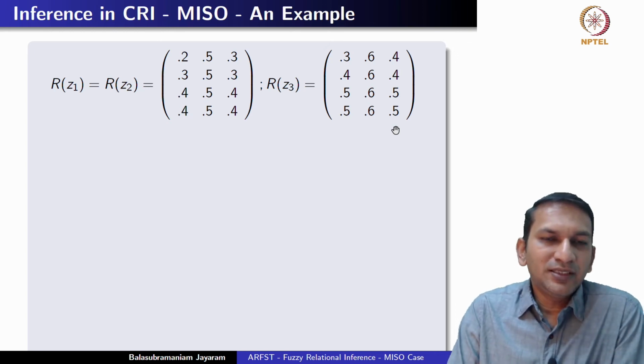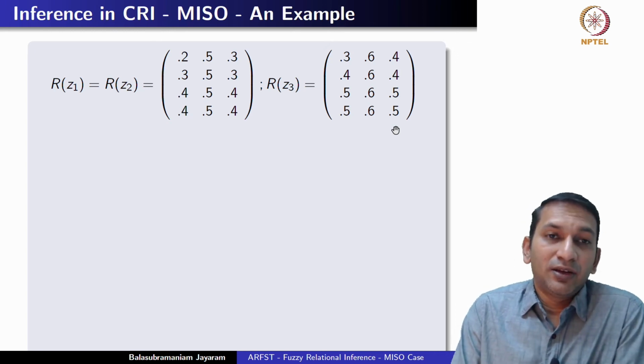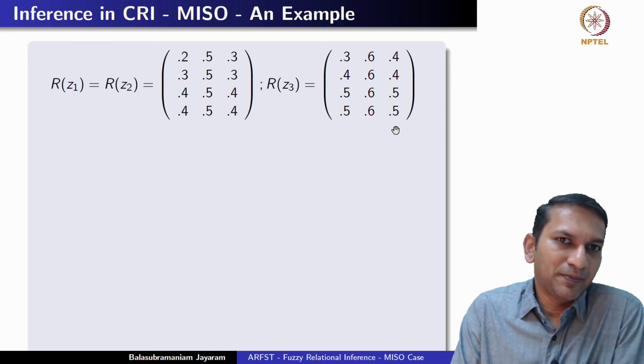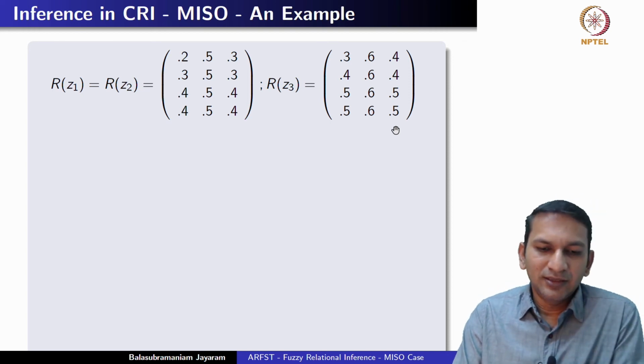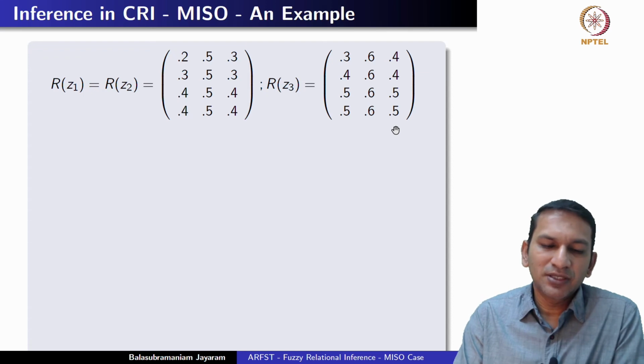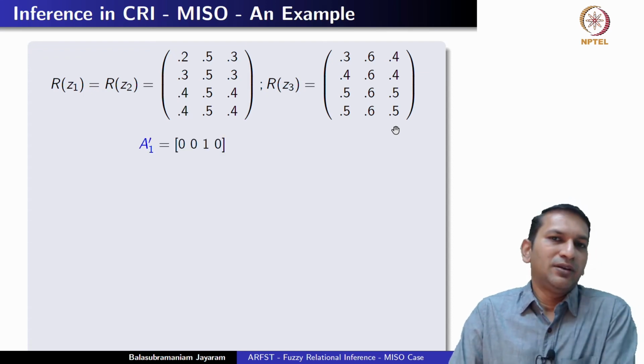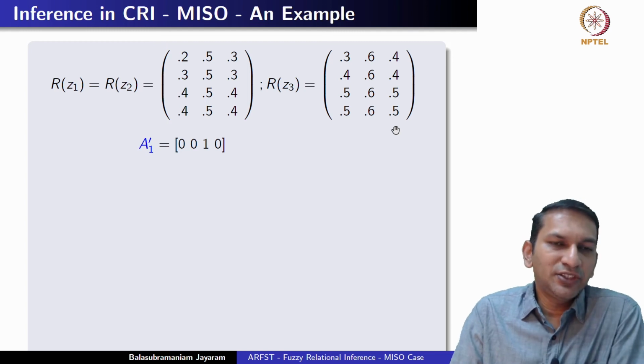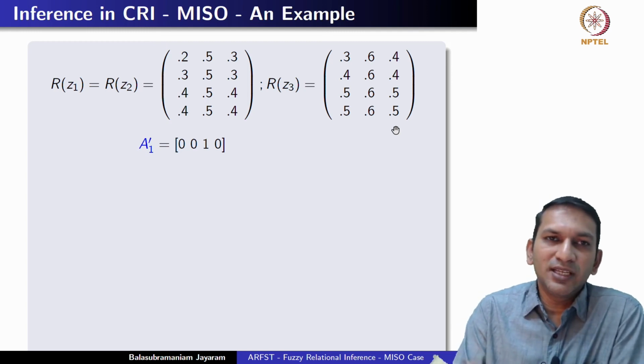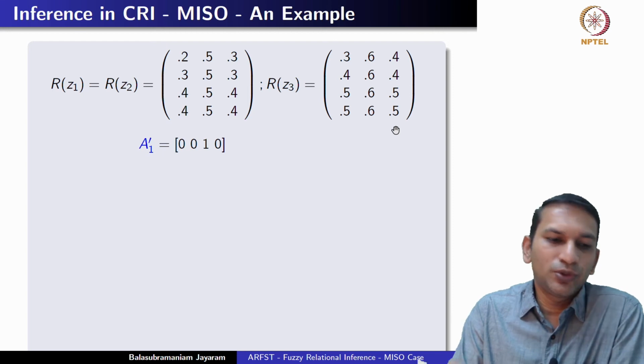So now this is the three-dimensional relation that we have obtained. You could think of it as three 2D matrices, perhaps on 3 sheets of paper. Now, this is building the relation representing the rule, a single multi-input, single output.